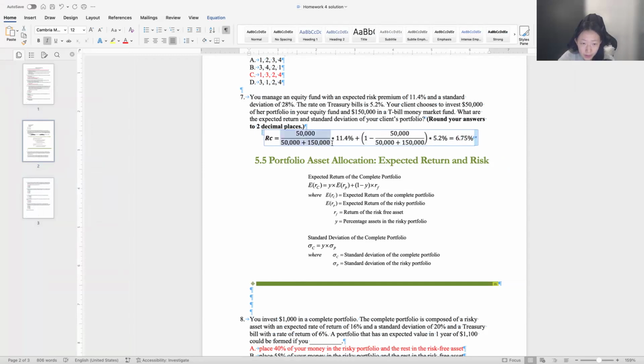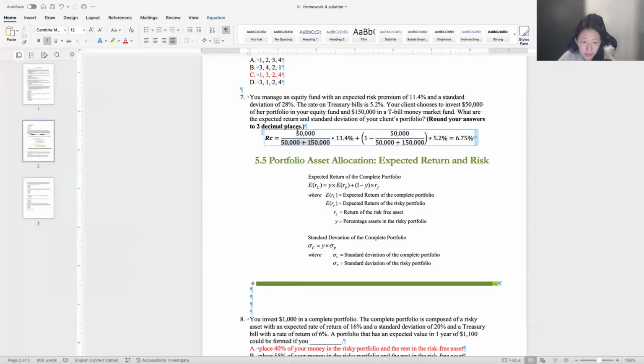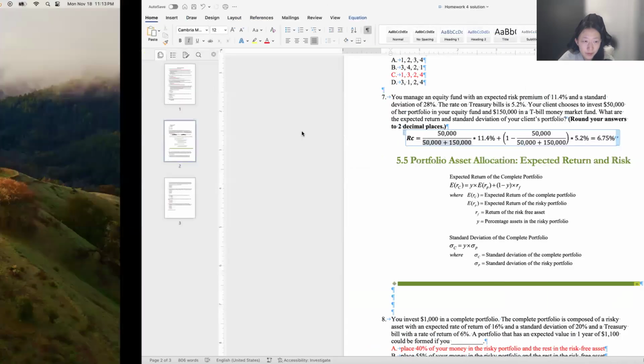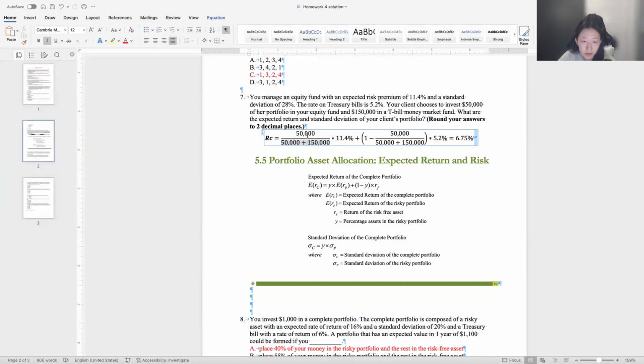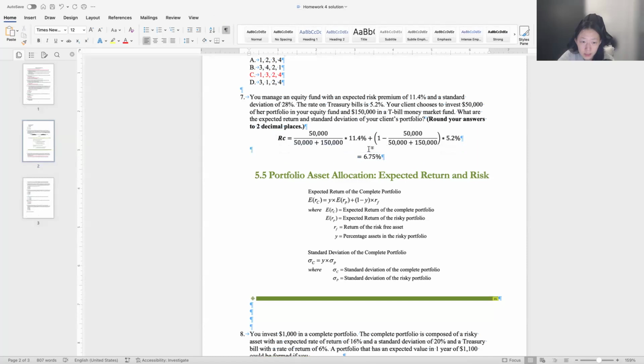So first one is this 0.25. Let me see. So we have 50 over 200. So that is a quarter. So that is 0.25. So that is correct.